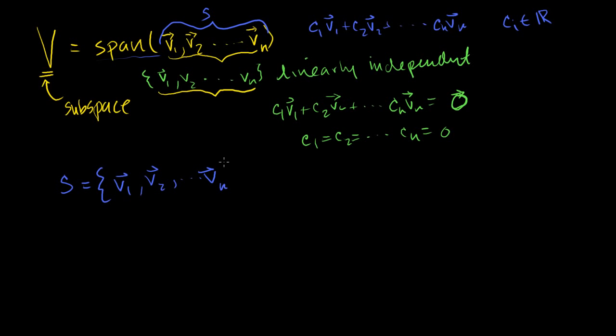It's equal to that set of vectors. We can then say, and this is the punchline, that the set S is a basis for V.